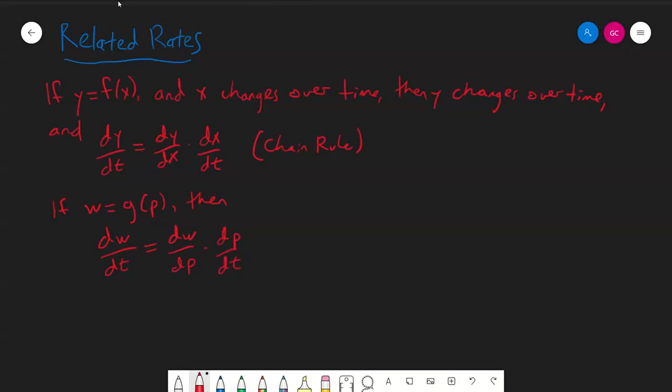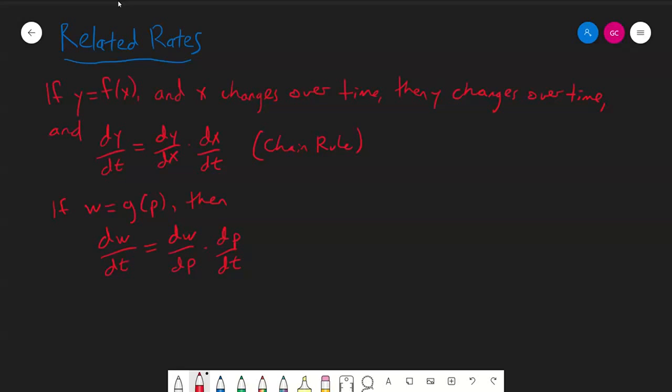Notice it even looks kind of like these dp's should cancel. That's not really what happens, because dw dp is just a piece of notation, and so is dp dt. They're not really fractions. But nevertheless, the fact that it looks like they cancel can kind of help you remember how to build one of these problems.